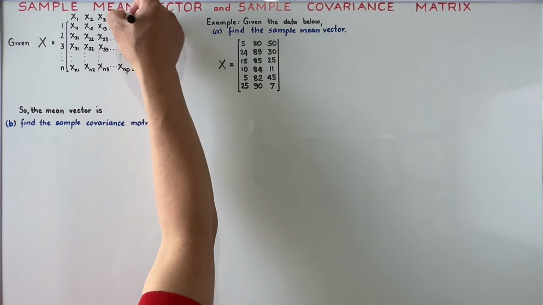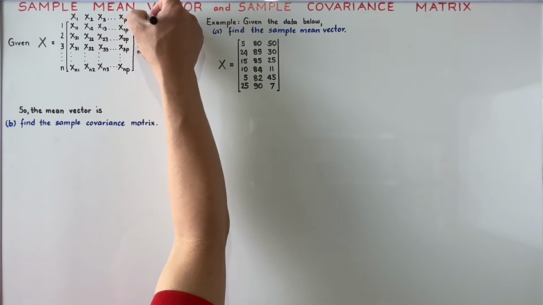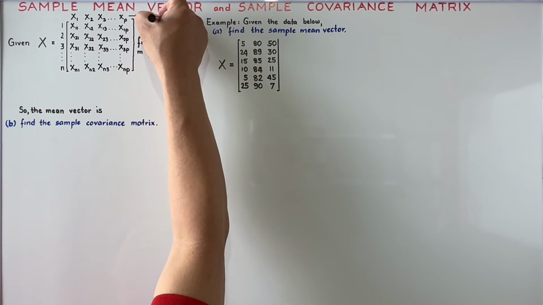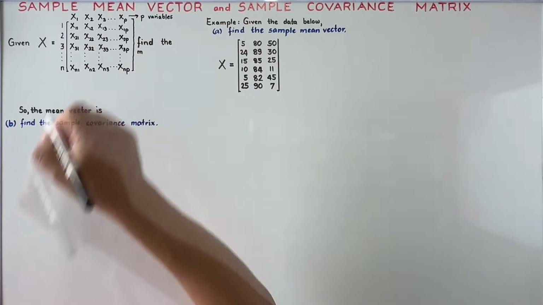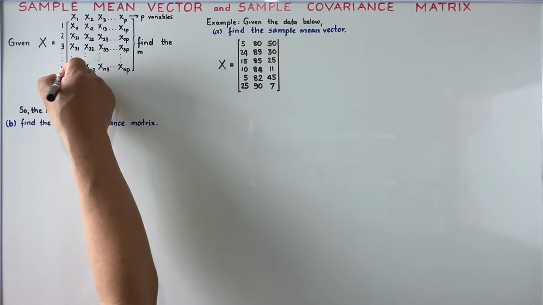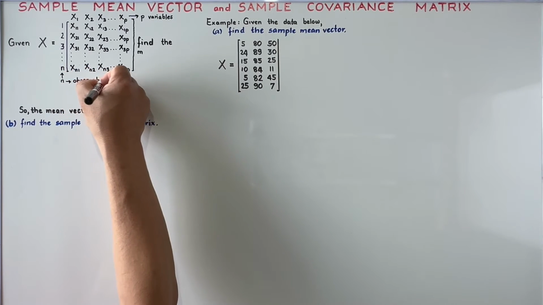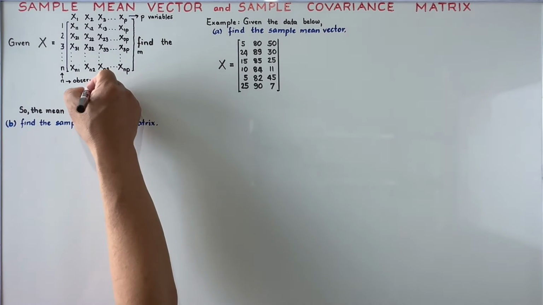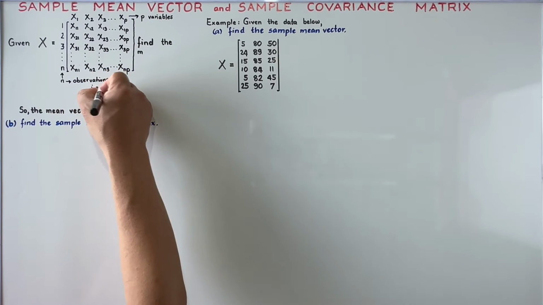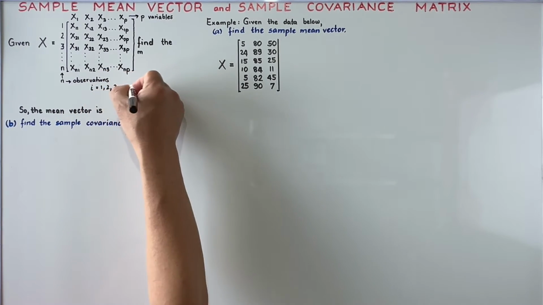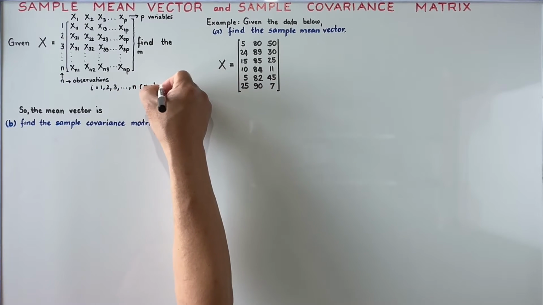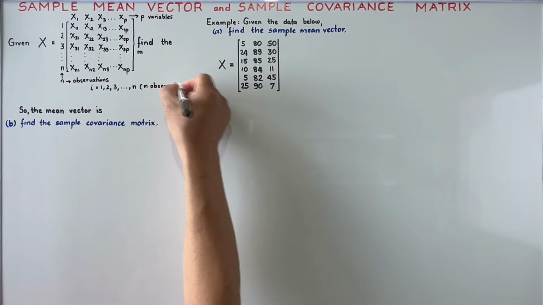Now, take note that we are studying here p variables, and there are n observations. So i is from 1 to n, because there are n observations here.